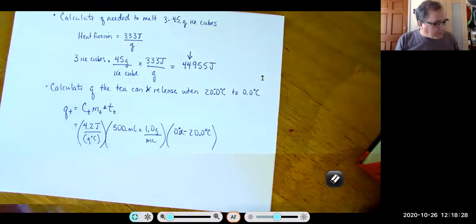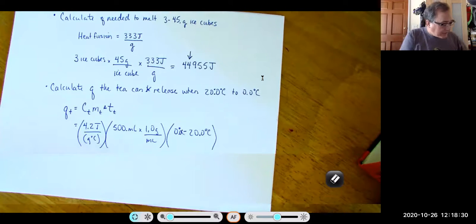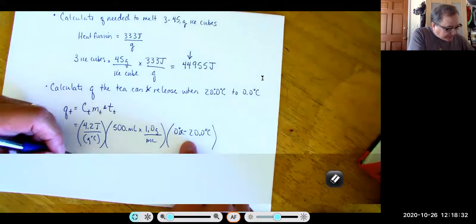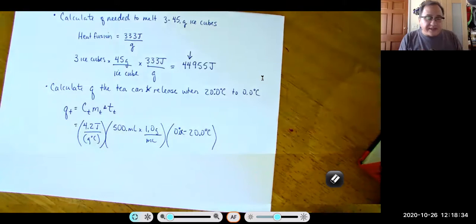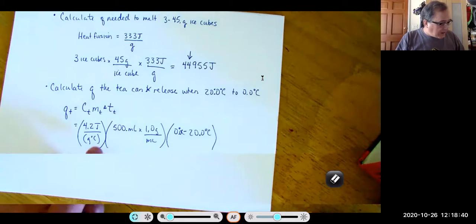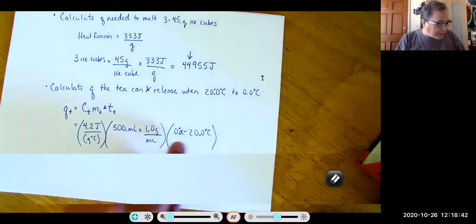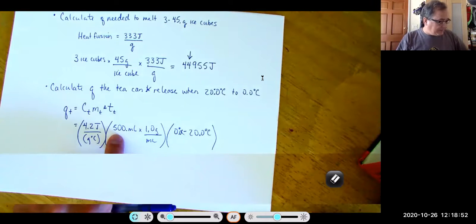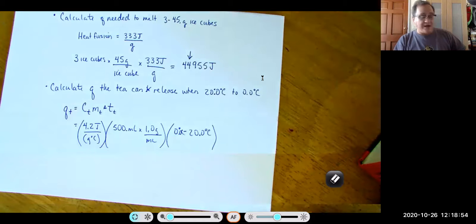Okay, so let's find out how much energy the tea can give up. And notice this number is going to be negative, which means the tea is releasing heat. When it releases heat, it's going to melt the ice. Now, 4.2 times 20 is going to be what? 8.4 or 840? And 840 times 500 is going to be, well, I don't know. I got to think about that.